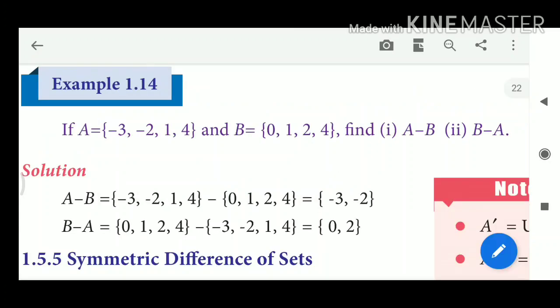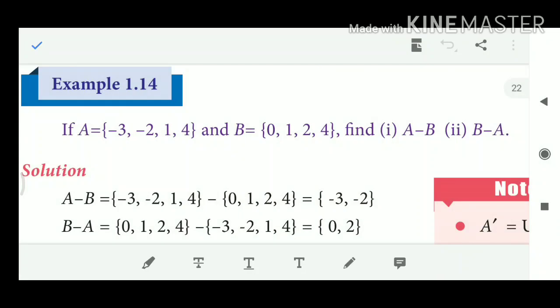Next example comes under difference of two sets. Here set A contains -3, -2, 1, 4 and B contains 0, 1, 2, 4. Find A minus B and B minus A. Here A minus B equals -3, -2, 1, 4 minus 0, 1, 2, 4.